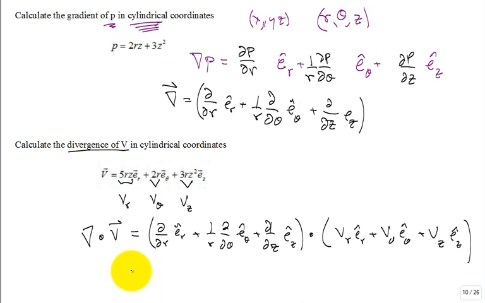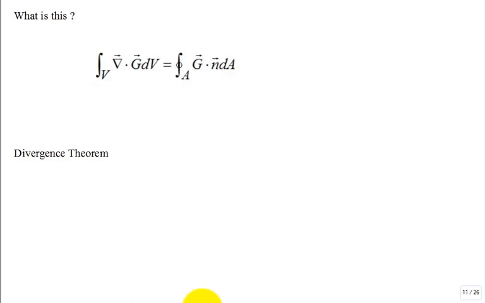And so this comes to the partial of v sub r with respect to r plus 1 over r partial of v sub theta with respect to theta plus the partial with respect to z of v sub z. What does this equation look like?